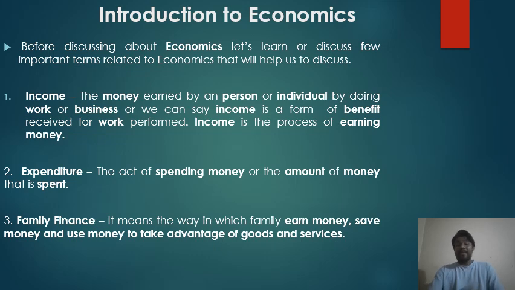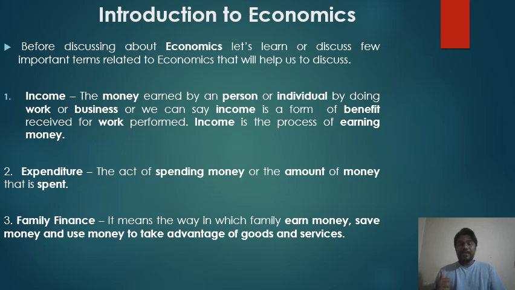Then family finance. Finance means the way in which a family can earn money, save money, and use money to take advantage of goods and services. So family finance means the total income of the family, in which the family earns money, saves money, and uses money. Means earn money, then spend money.